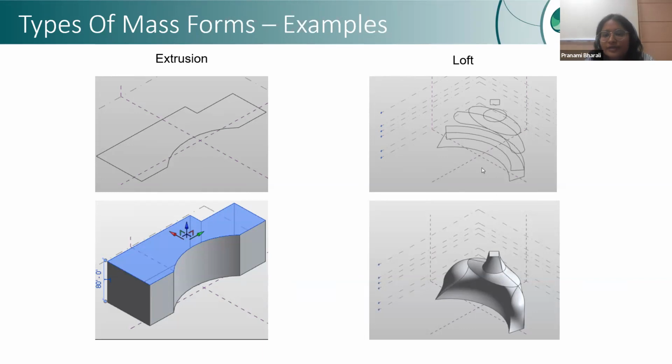Different designs can be made, and you can select all those profiles. Just select every profile and this loft kind of creature will be made, right? In the right image you can see.